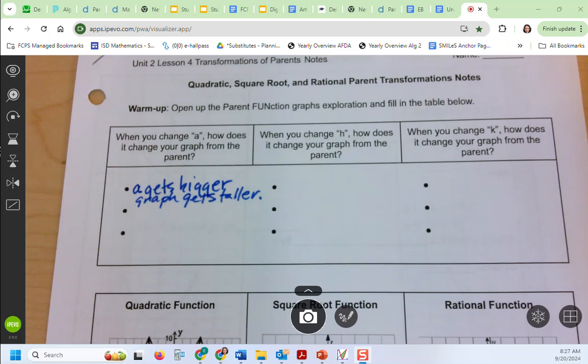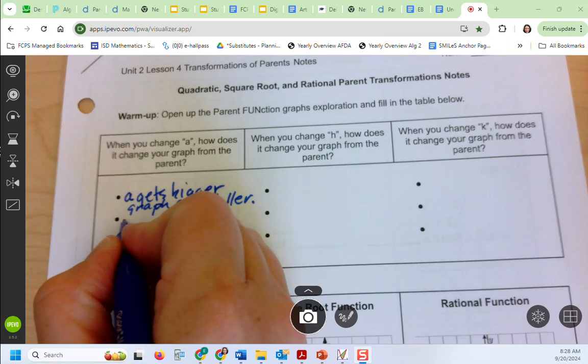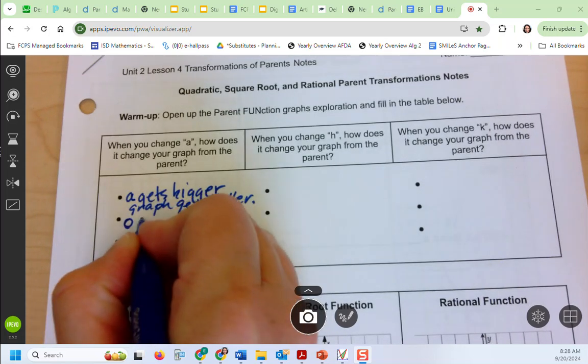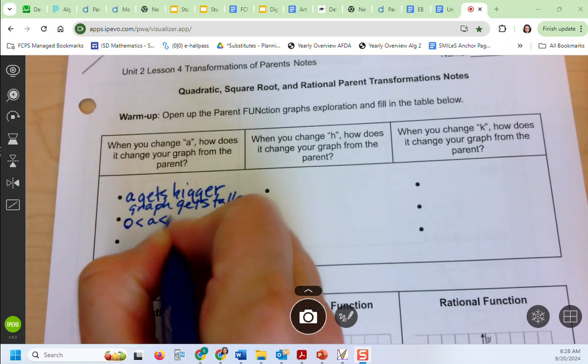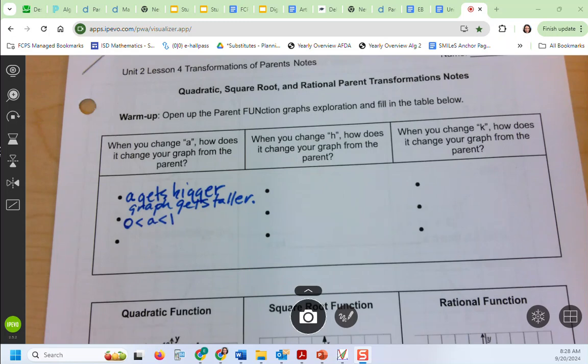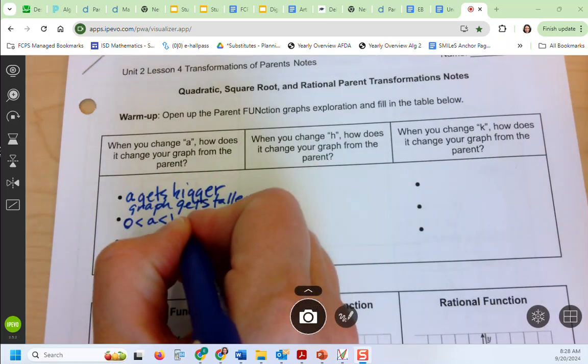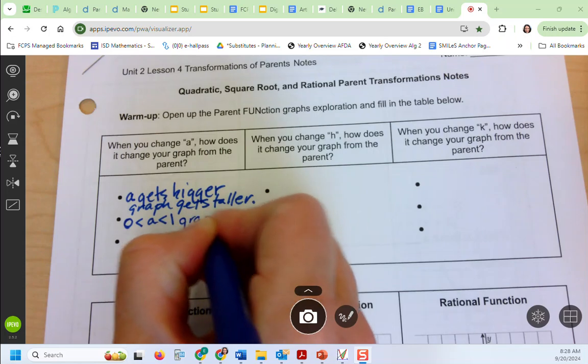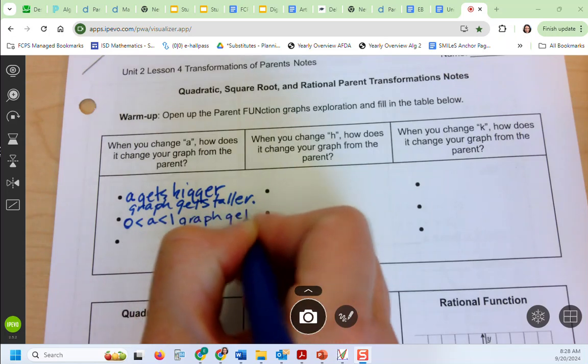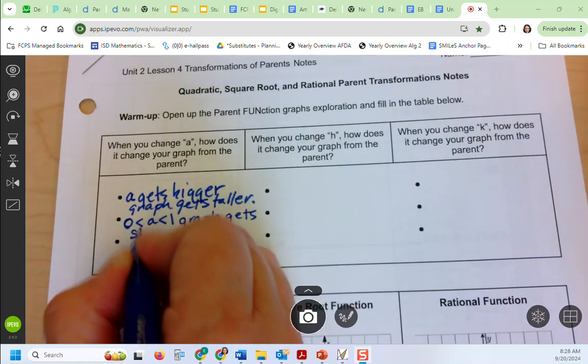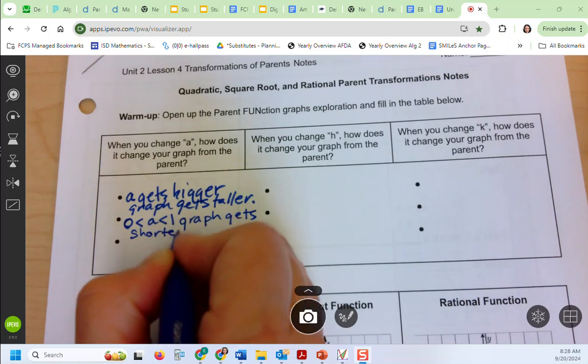Now, when a is a decimal between 0 and 1, your graph is going to get wider and shorter. So here's how I'm going to write that. If a is between 0 and 1, that's going to be a decimal like 0.6 or 0.2. The graph gets shorter and wider.